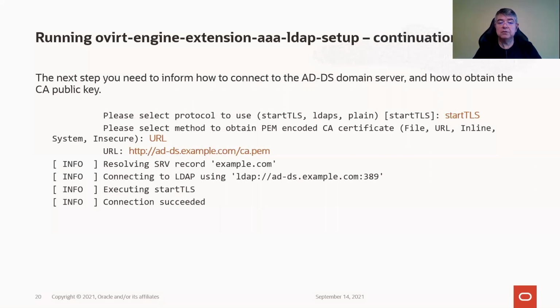Second point, I need to understand how the certificate is going to be validated. We just imported the certificate authority public key. I should choose in this step to use the system authorization, the system configuration, or I can inform specifically a URL where the script can download the public key for the ovirt-engine.